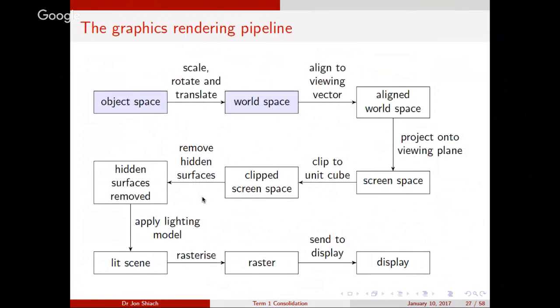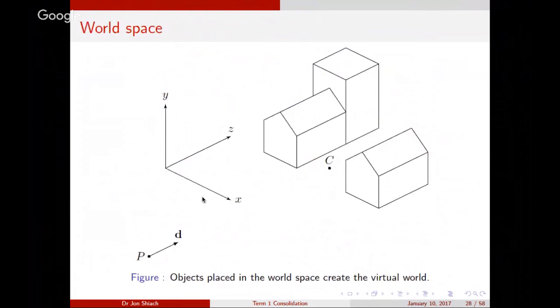The next step in the graphics rendering pipeline aligns the viewing vector. Let's say we have a camera position at this point P, and we're pointing the camera to what we call the center of view, which is C. That will give us some direction, D. What I want to do is align the world space so this position is at the origin, and this vector D is pointing along the z-axis.